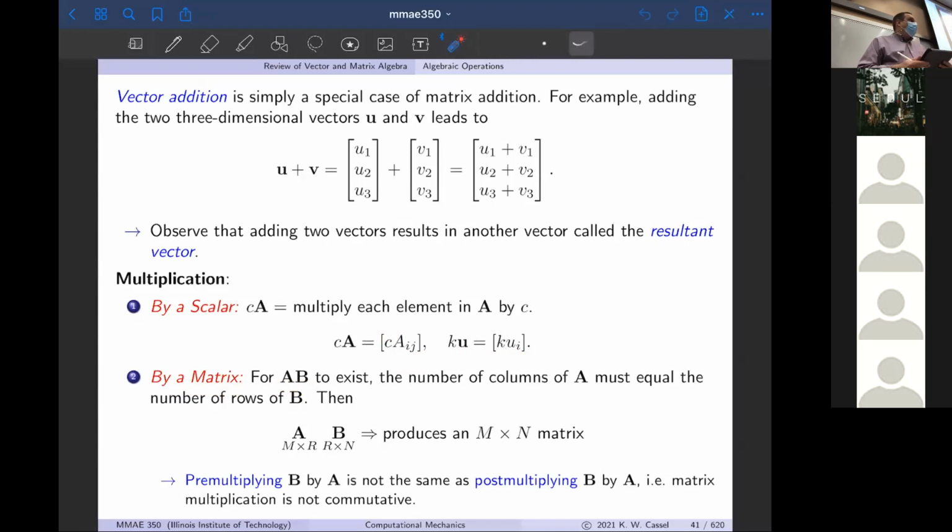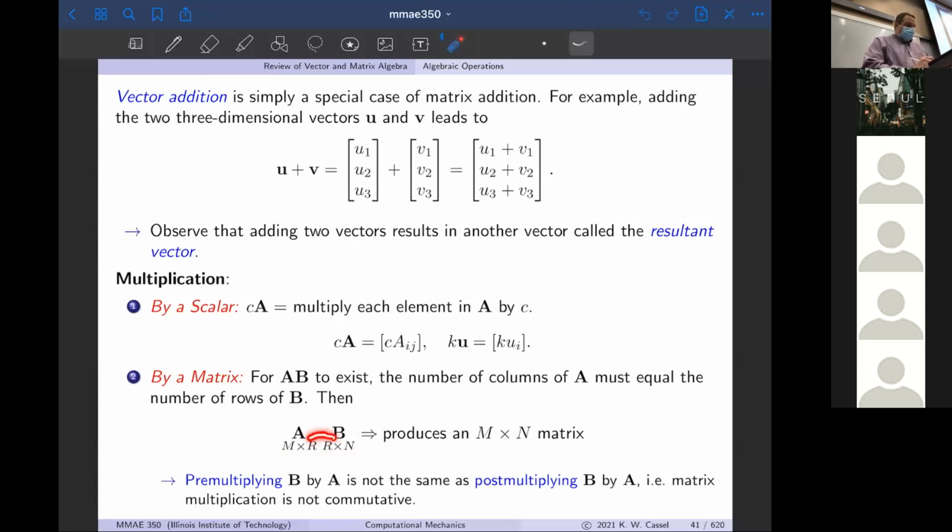They do not have to be square. However, they do have to be such that the following rule holds. So I have A, which let's say is M by R. So M rows and R columns. And then B, which is R by N. So R rows and N columns.